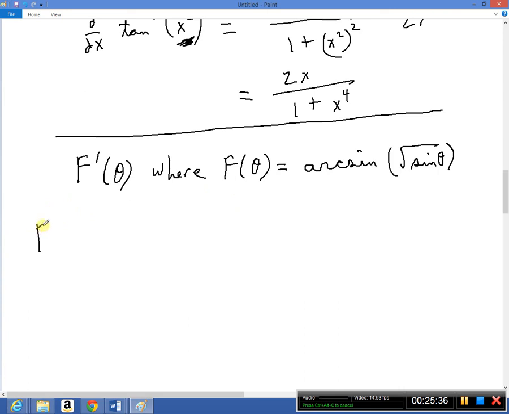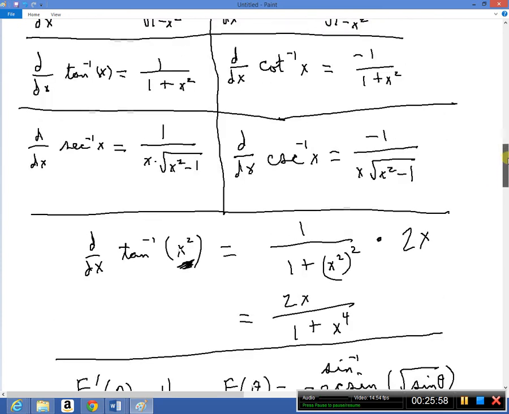What is the derivative? Well, you got to remember, of course, the arc sine means the inverse sine, just another name for it. So what is the derivative of the inverse sine of anything? The answer is 1 over the square root of 1 minus that anything squared. Remember, here it is.